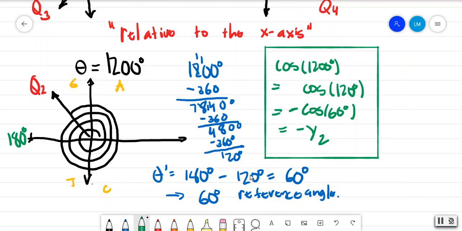Now, if you want a really fast way to figure out how many times to subtract 360, remember you just divide 360 into 1200 and then round down. That tells you the number of times you need to subtract 360.